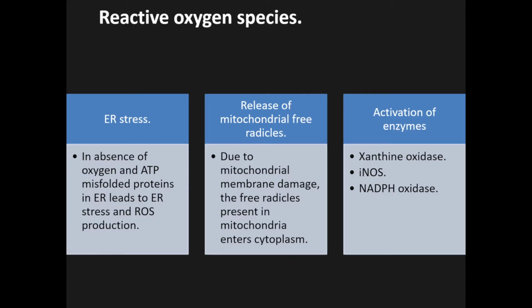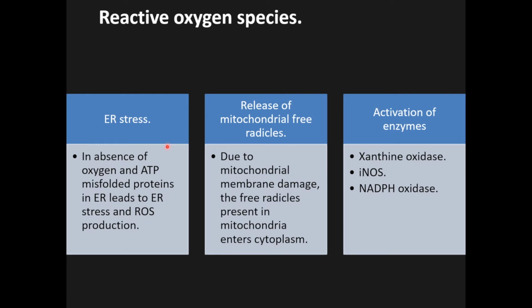Reactive oxygen species are produced primarily in 3 ways: ER stress, release of mitochondrial free radicals, and activation of several enzymes. ER stress is caused whenever there is an increased amount of misfolded proteins compared to folded proteins.